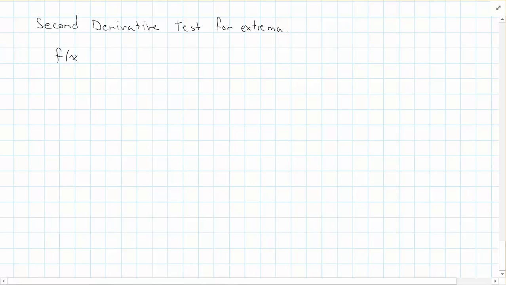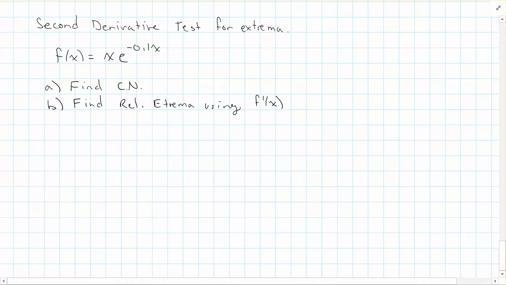So let's look at f of x is equal to x e to the negative 0.1x, and we're going to find the critical numbers, find relative extrema using f prime of x, and then we're going to find relative extrema using f double prime.